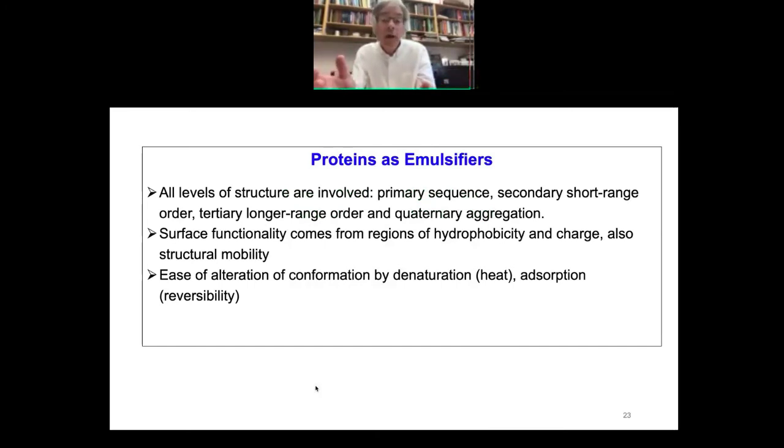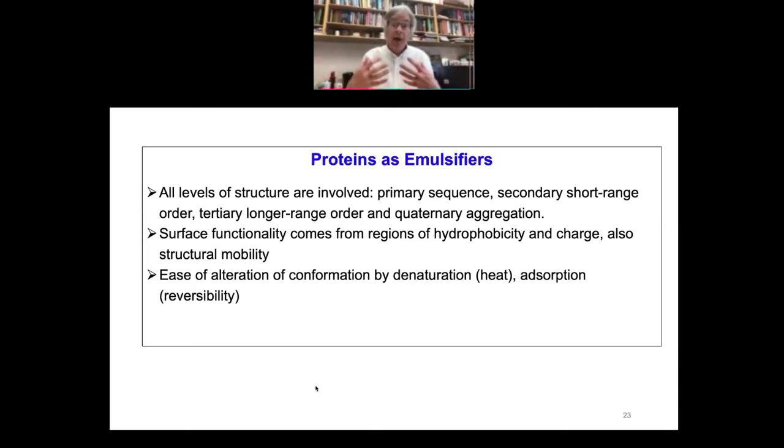So all levels of protein structure are involved because we need hydrophobic regions. We also need enough flexibility within primarily the tertiary structure so that we can unfold that protein and drive those hydrophobic regions to the interface.